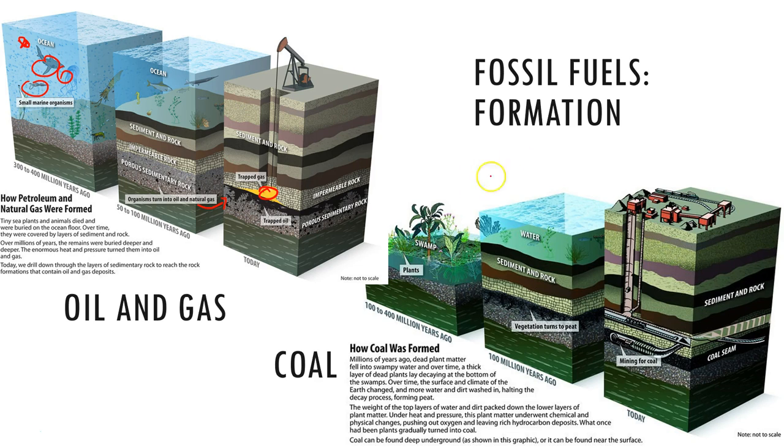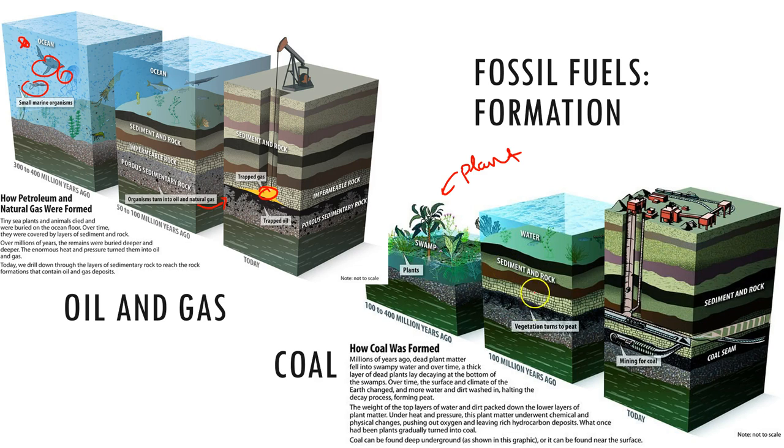As for coal, we're talking about plant material, okay? So with oil, it's animal matter. With coal, it is plant material. So swamps, prehistoric swamps and things like that 100 to 400 million years ago, lots of plant die-off. Those plants, again, sediment lies on top.